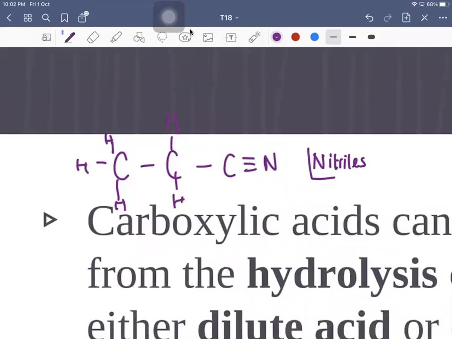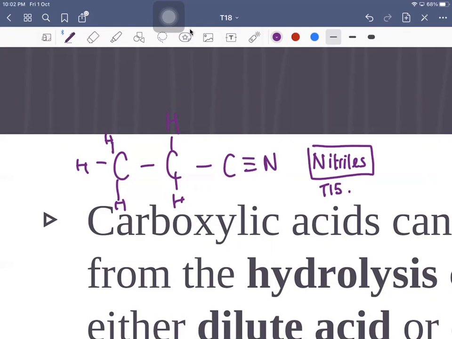How do you get nitriles? From halogenoalkanes. You react it with a cyanide, either sodium cyanide or potassium cyanide in ethanol, then you get this nitrile. So that's in topic 15 for you. It's under the nucleophilic substitution reaction.